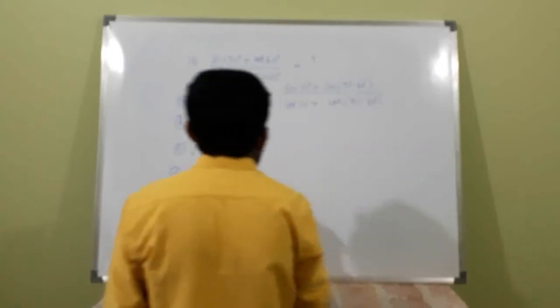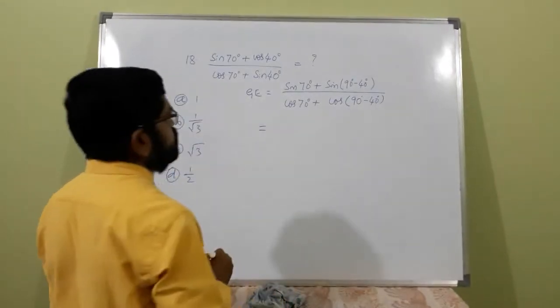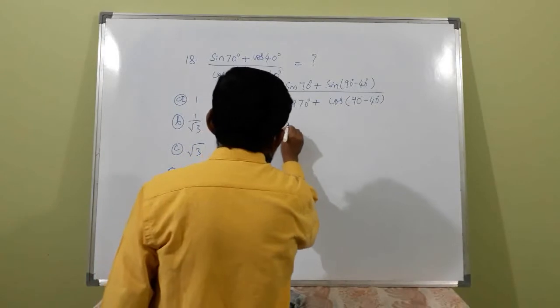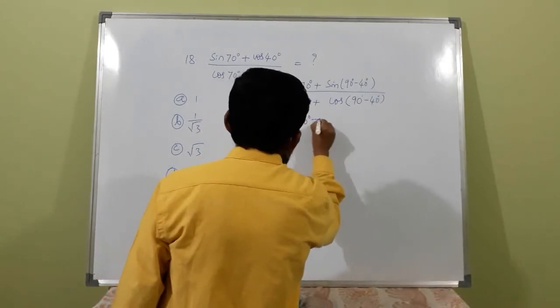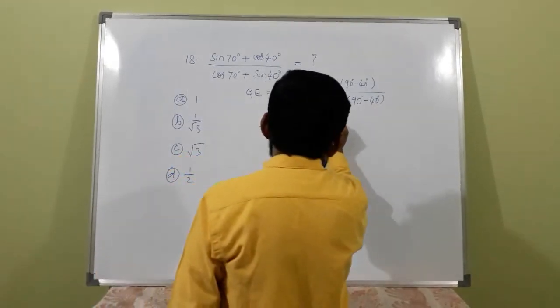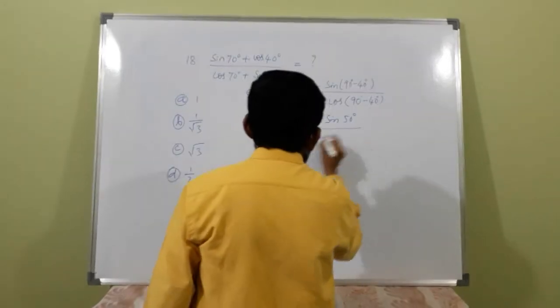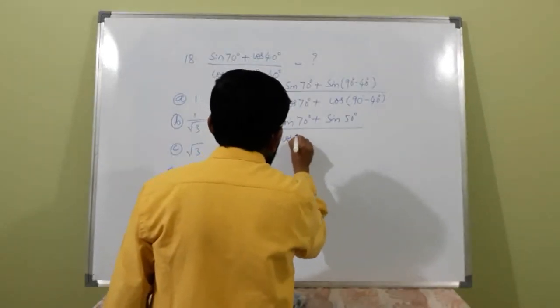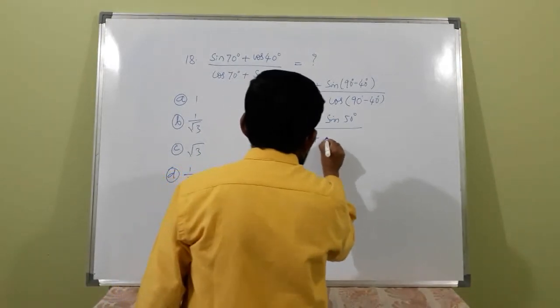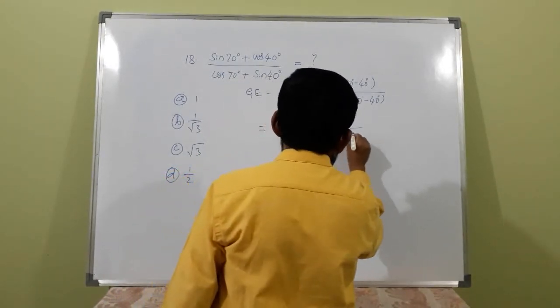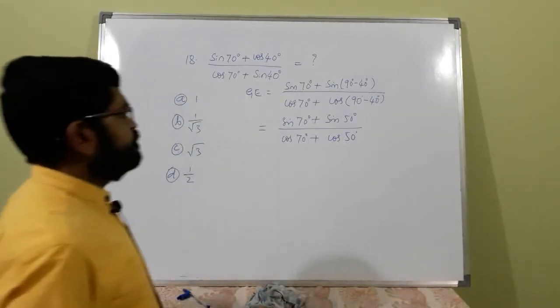This is equal to sin 70 degree plus sin 50 degree over cos 70 degree plus cos 50 degree.